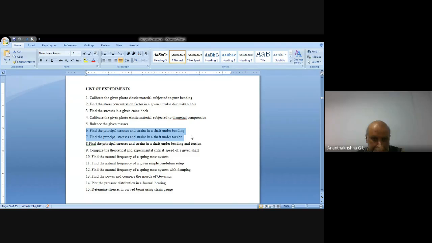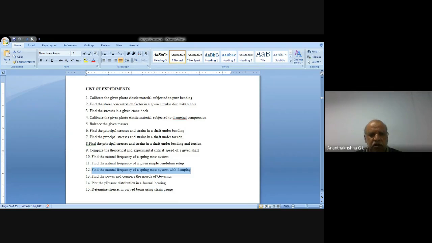Then we compare the theoretical and experimental critical speed of a given shaft. It's essentially under vibration. Then natural frequency of a spring mass system, an additional experiment. Natural frequency of a simple pendulum, another additional experiment. Then natural frequency of a spring mass system with damping.